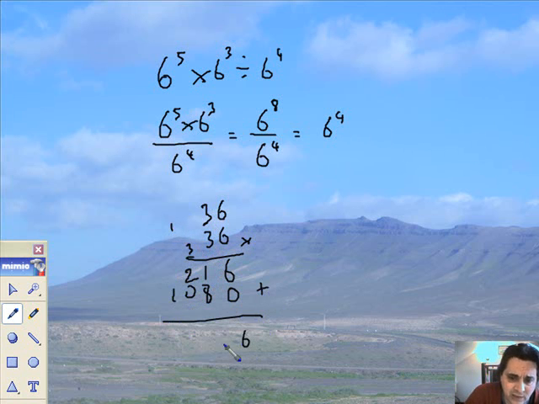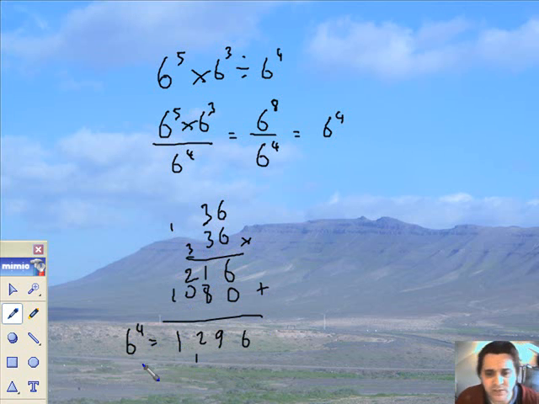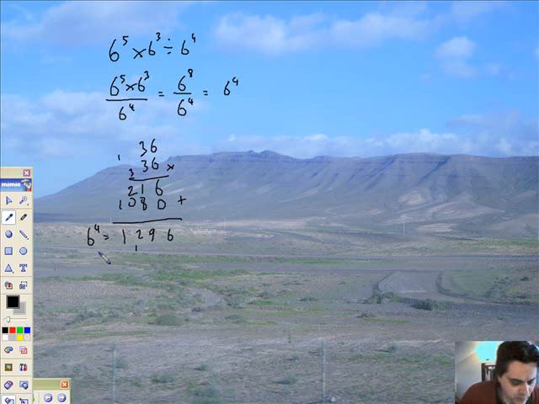Add up that jolly little lot. 6, 9, 2, 1. Therefore, 6 to the power of 4 is going to be 1296. I just want to check my calculator to be absolutely sure because I'm going quite quickly. 6 times 6 times 6 times 6 equals 1296. Very good. And while I'm at it, may as well check 9 times 6 because I hate the 9 times table. Yeah, 54. I'm happy.